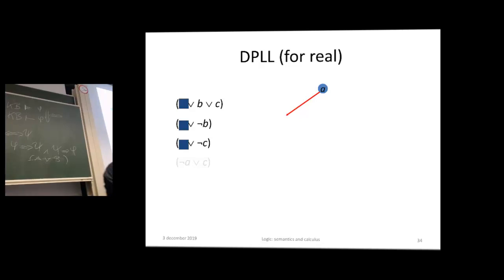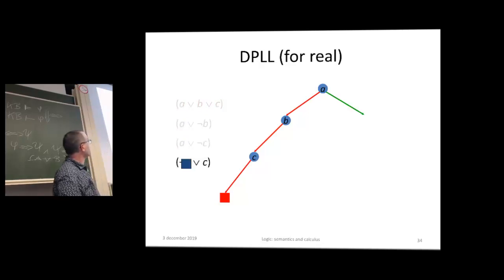We have two of them, namely not B or not C. So now we should really immediately start with B being false, because we know that there is no alternative that it could be true. So we choose B to be false.